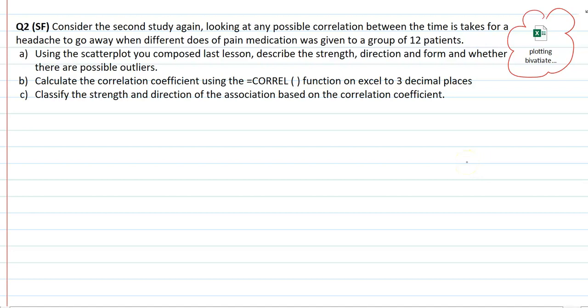It's a great revision process anyway. I've included the Excel file there. Then once you've done that, calculate your correlation coefficient using your CORREL function and use that to classify the strength and direction based on your correlation coefficient value. So press pause, have a go, and we'll check in.